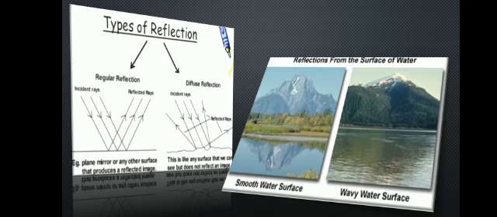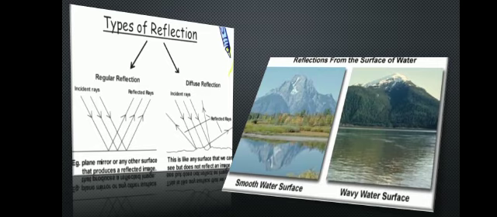You can see in the example, the first figure is of a smooth water surface. In this type of reflection, from the smooth water surface, regular reflection takes place, and you can see a clear image in the water. The image of the mountain is clear in the water below.